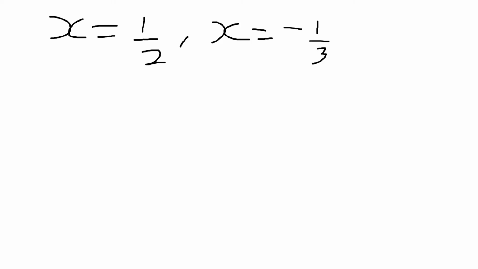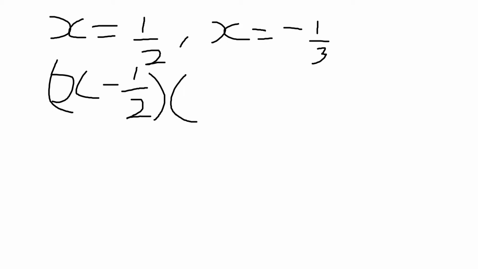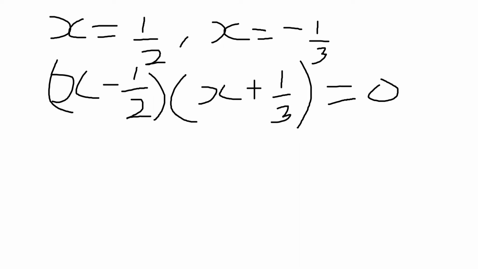So from these two things, we simply know that we have our factors as x minus half, that's the first factor, and we have x plus 1/3, which is the second factor. They must be equal to 0.